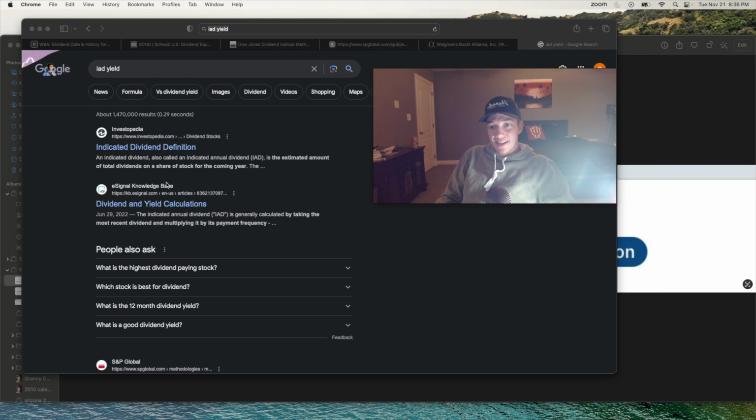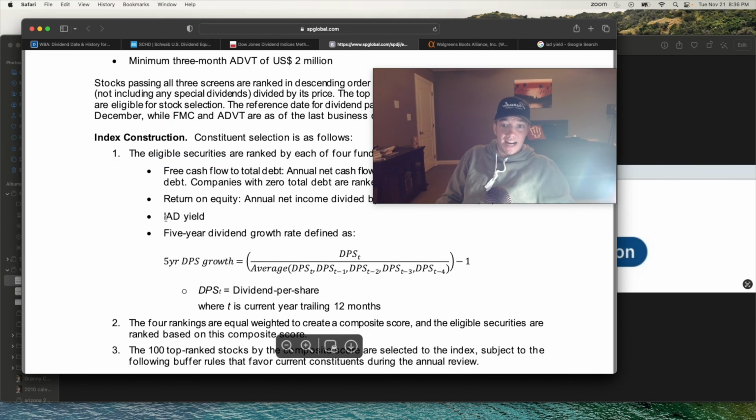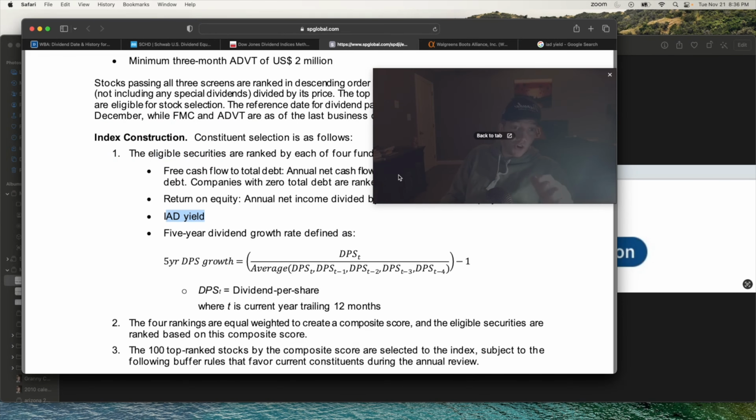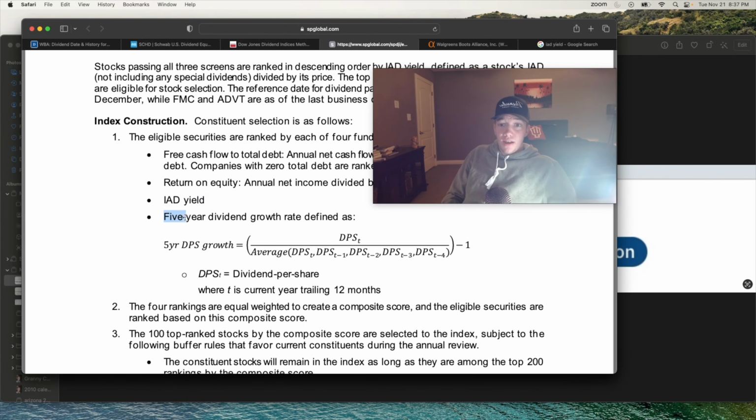So IAD, an indicated dividend. Okay, indicated annual dividend. So the dividend yield is basically what this IAD means, what the current dividend yield is. Moving on. This 5-year dividend growth rate, they're going to rank that with the other eligible securities.